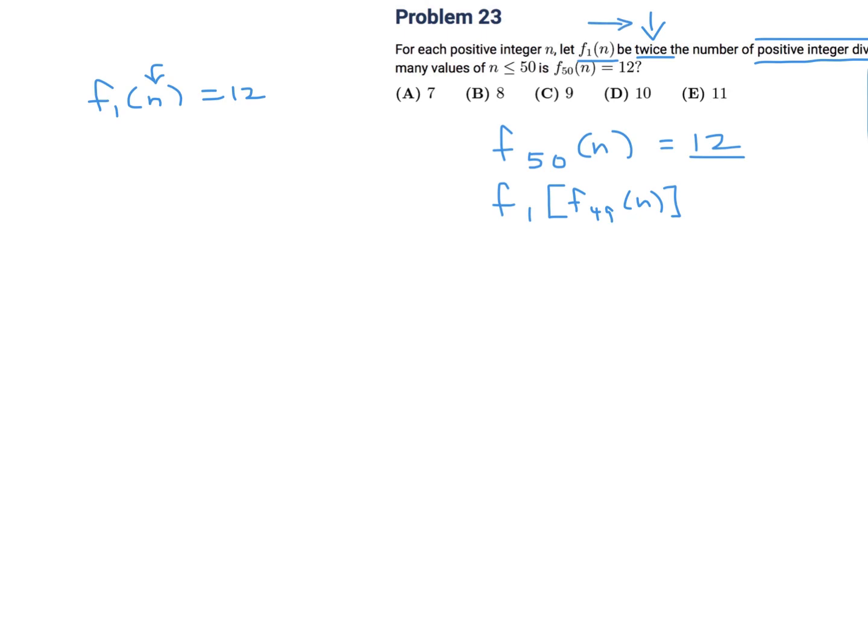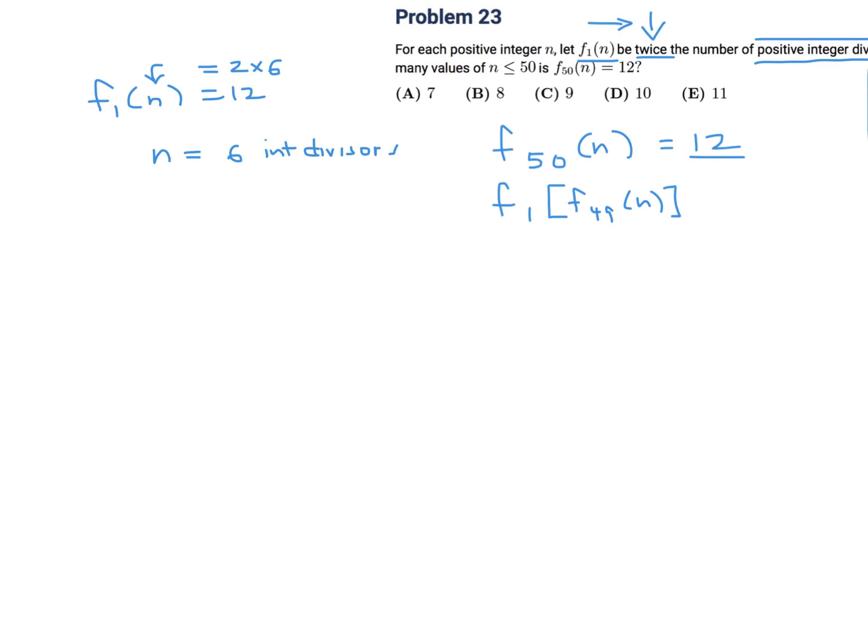So that means we have to find an n that has 6 integer divisors. And if that's the case, then f at 1 of n would be equal to 2 times 6, which is 12. Correct? Okay.